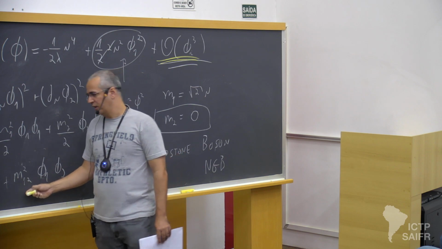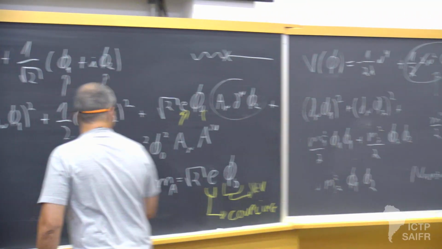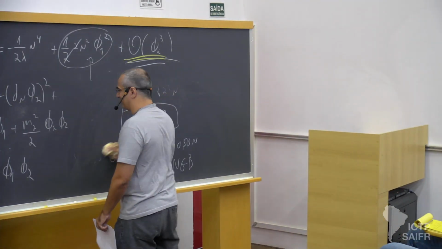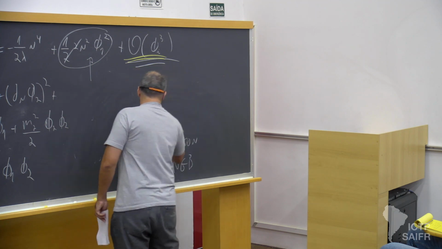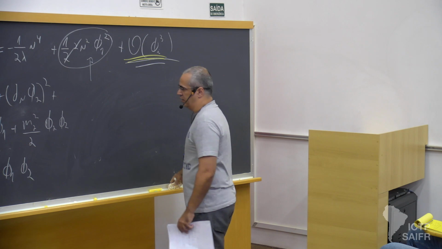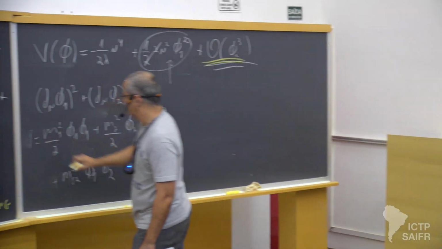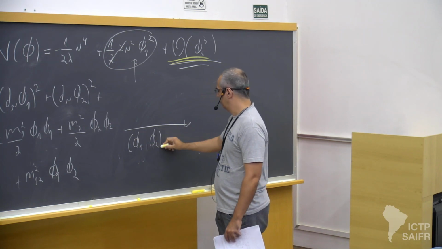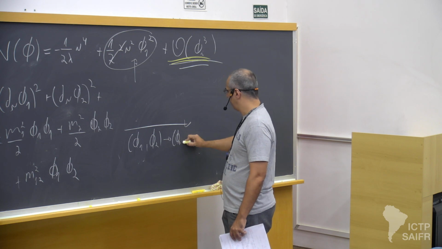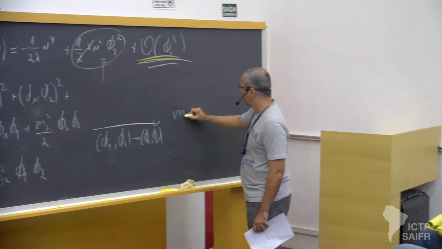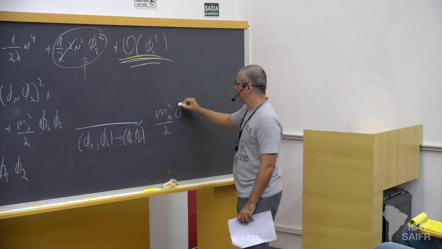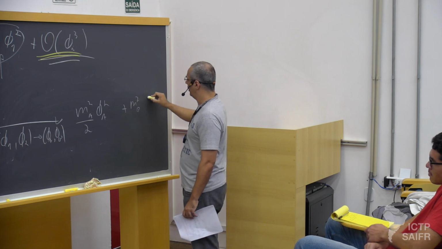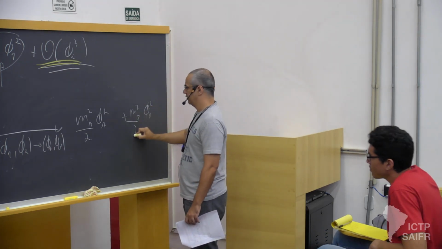solve this, right? So a good exercise you can do, we'll call this exercise 8.5, because that's not in the notes, I just thought about it, is to, just thinking of this potential, right? Try to make a change of variables from phi 1, phi 2 to some phi A, phi B, so that you get actually this, plus MB square phi B square over 2.